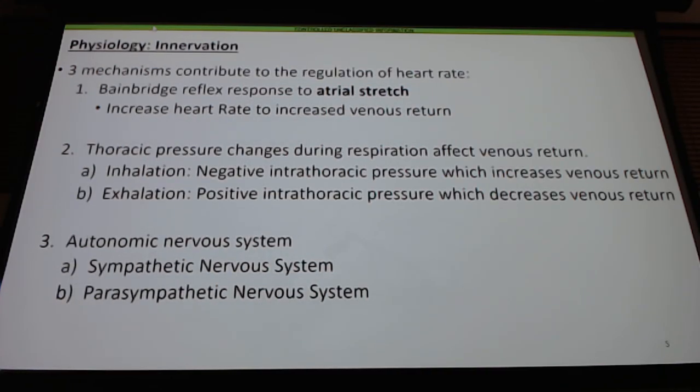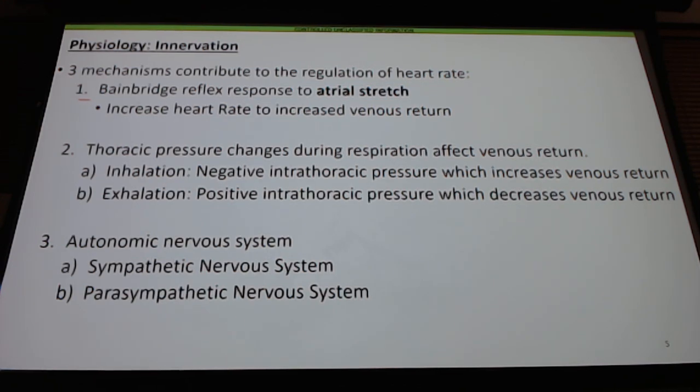When we talk about things that impact the function of the heart, it is receiving all these inputs from so many different things, organs, and the nervous system and all that kind of stuff to regulate its function. There's a number of ways that this happens. The first one is the Bainbridge reflex, which responds to atrial stretch.